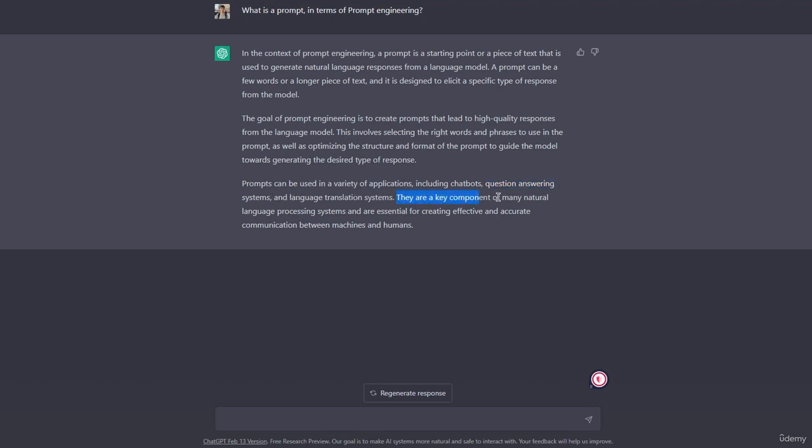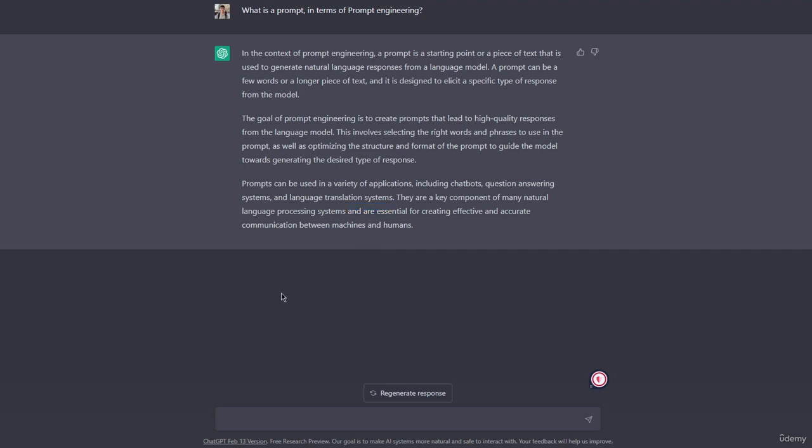They are a key component of many natural language processing systems, NLP for short. We'll discuss more about what NLP is, what GPT is, and some other abbreviations, and also how these key components are essential for creating effective and accurate communication between machines and humans.